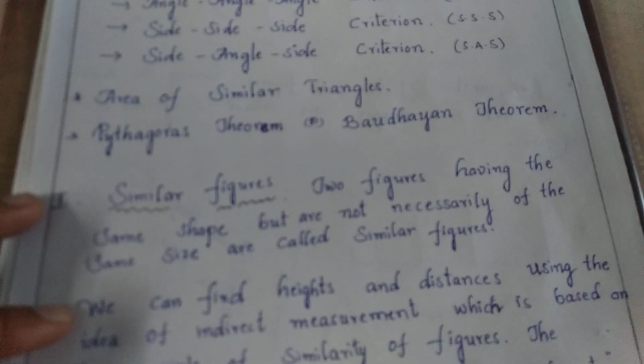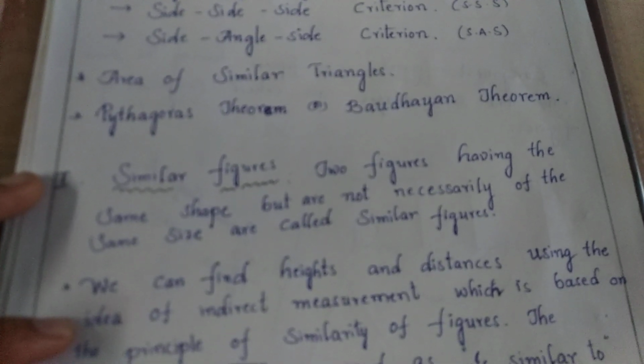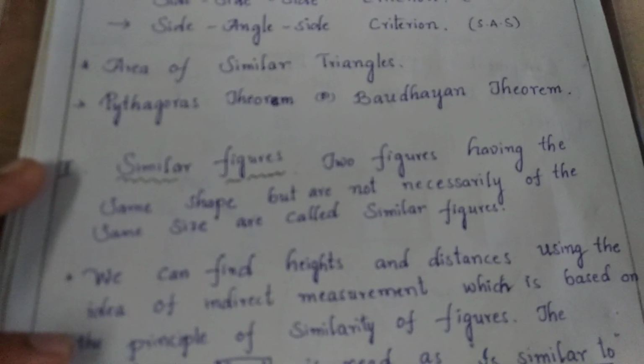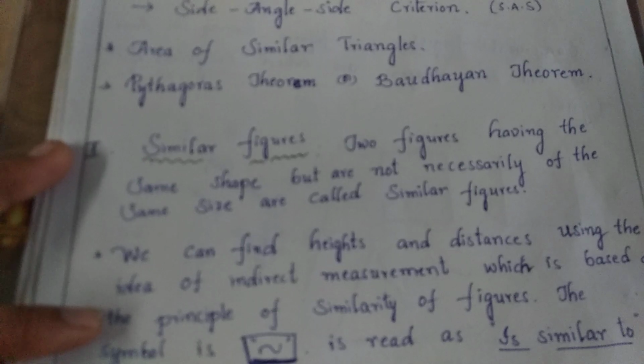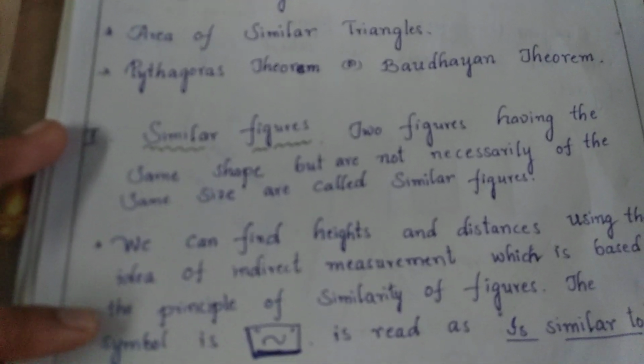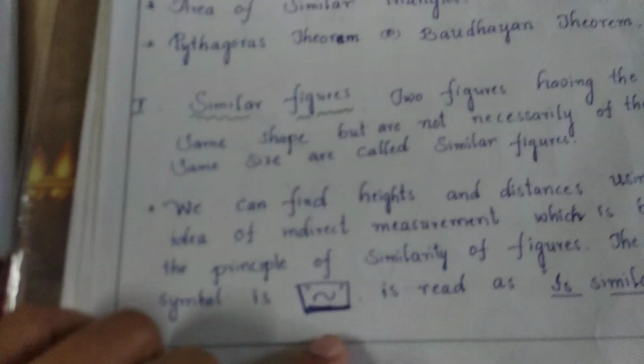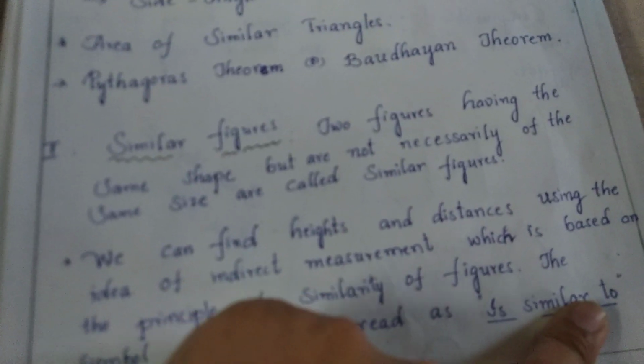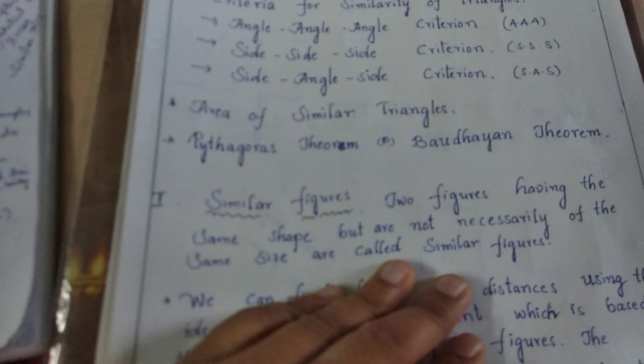We can find heights and distances using the idea of indirect measurement, which is based on the principle of similarity of figures. The symbol is read as 'is similar to'.